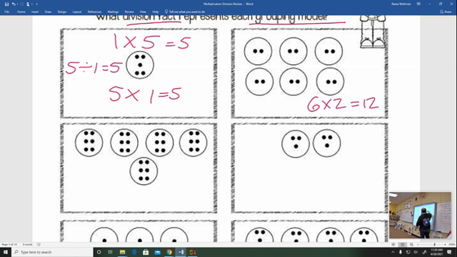How many dots do we have? 12, right? So it's 12 divided by 6 equals 2. So 2 in each one. Be careful. Don't make the mistake I made. Make sure you read it and don't turn it into multiplication when it's actually division. But recognize that there's a relationship there. They are the same thing.